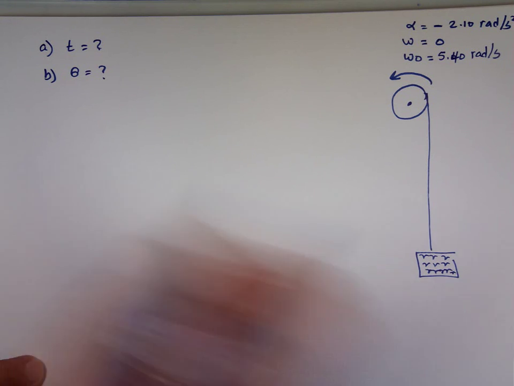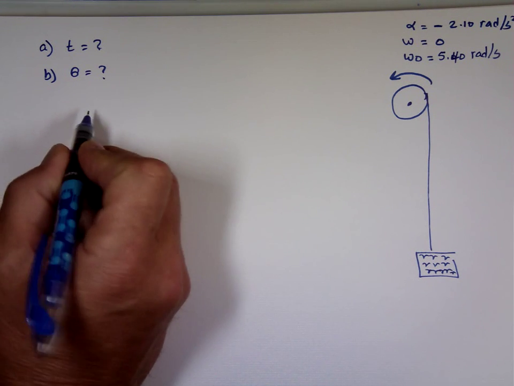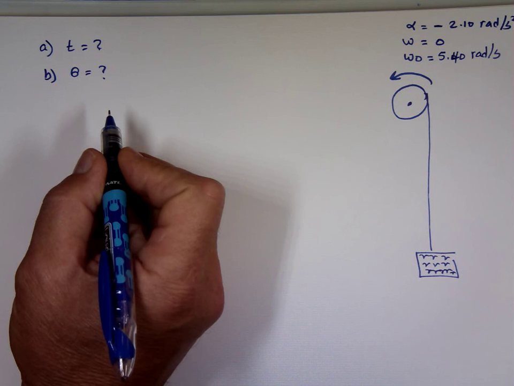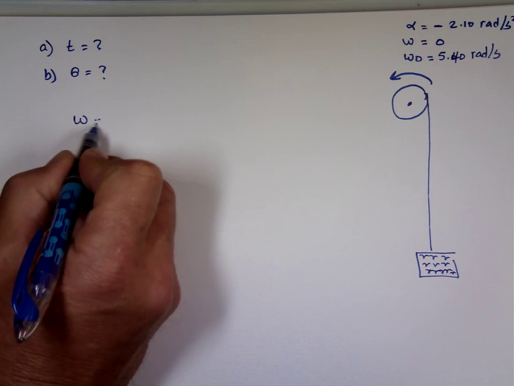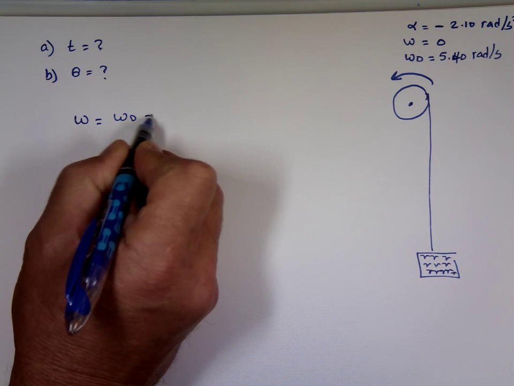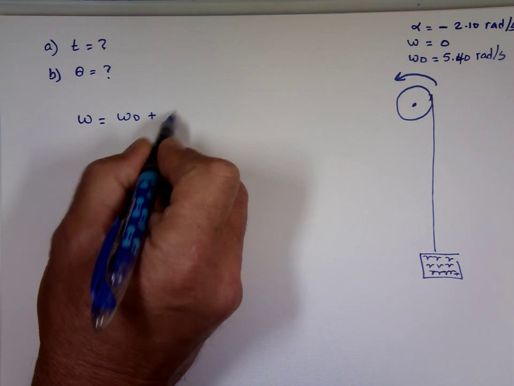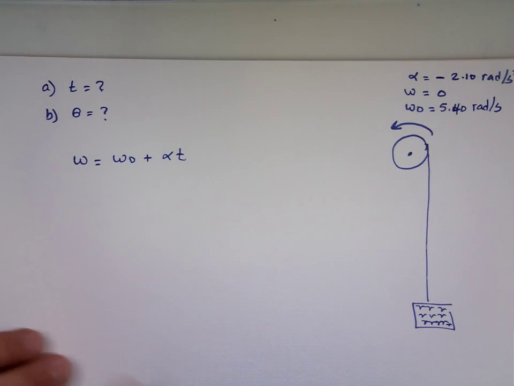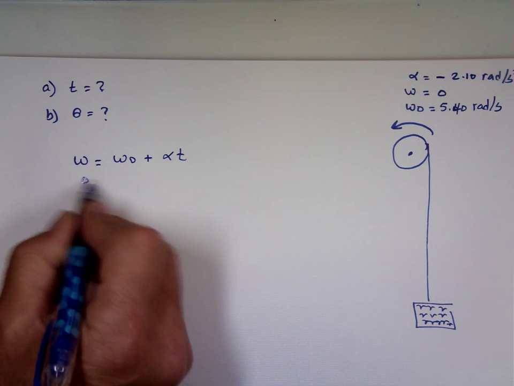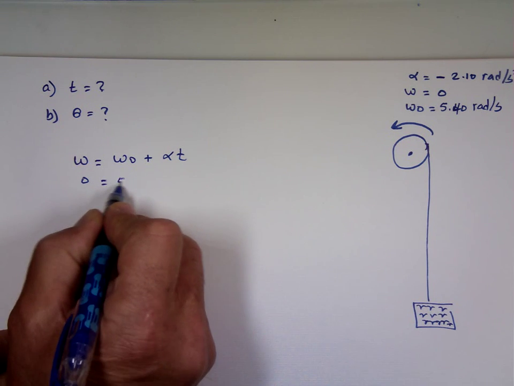So now I got to find an equation that will tie them together. And the first one, to find T, it's really the first equation. If I use that, W is 0. W0 is 5.40.